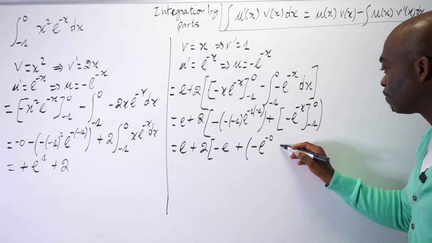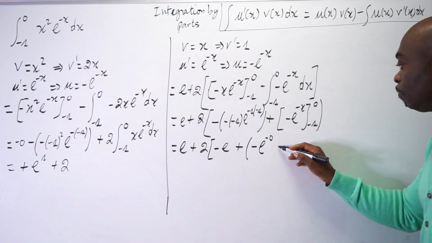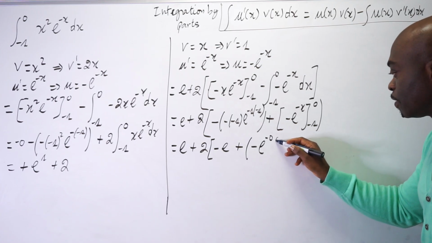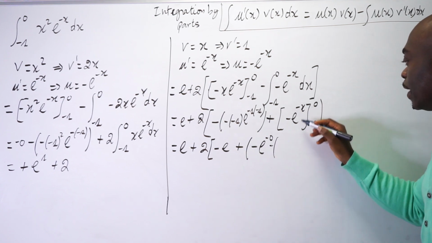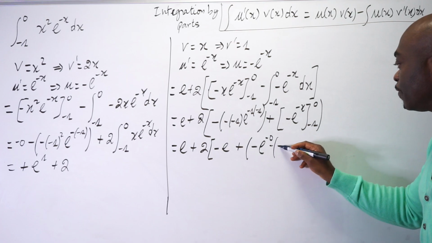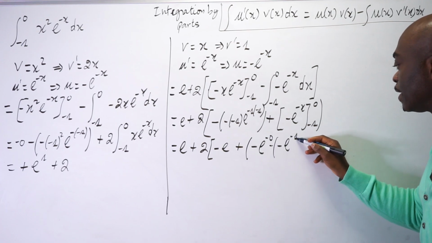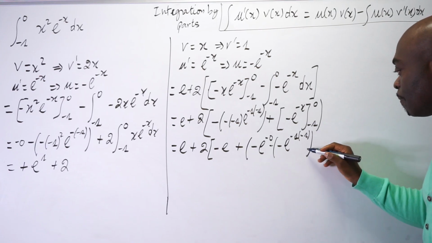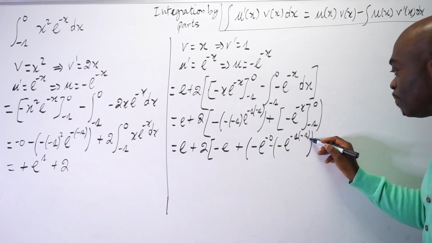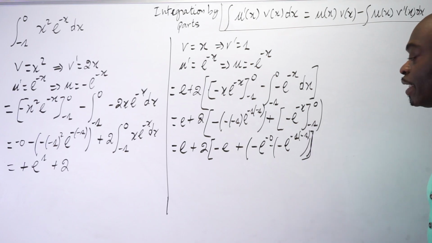Then minus also, okay? So it's minus again. This one here, so that's negative exponential negative 1 times negative 1. Very interesting problem. So this one is the bracket, okay?